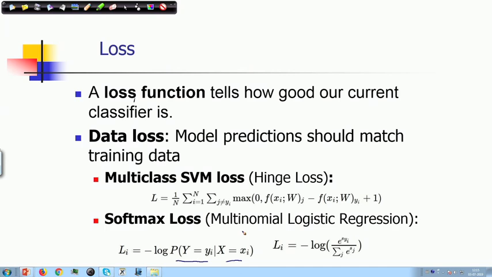Using the negative sign, we make it a positive function. Sometimes this probability is computed with respect to the responses of all other classes.